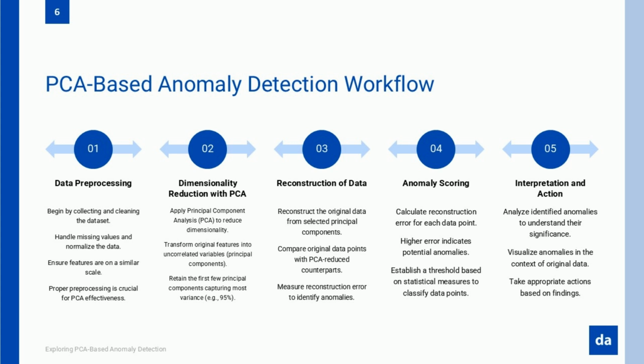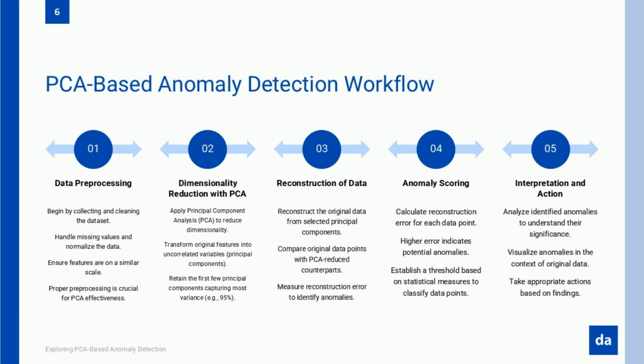The final step in the workflow is interpretation and action. Detecting anomalies is only useful if we can understand what they mean and take appropriate action. Once anomalies are identified, they need to be analyzed in the context of the problem domain. Visualization tools such as scatter plots of the first two principal components or histograms of reconstruction errors can help make sense of the results.